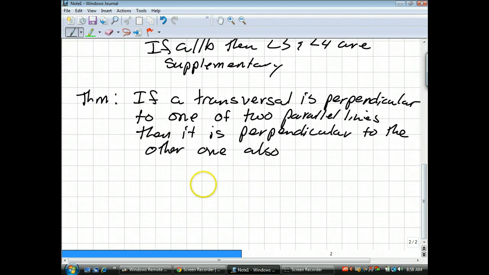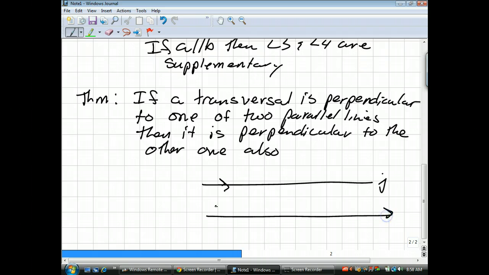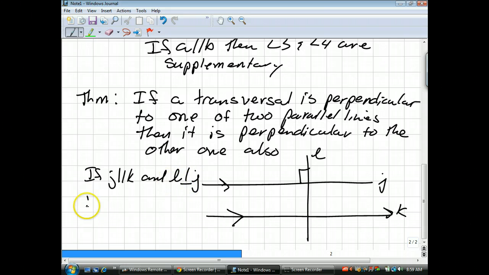Okay, so here we have line J, and it's parallel to line K. Okay, and we have line L that's perpendicular to line J. Then L must also be perpendicular to K. So it says if J is parallel to K and L is perpendicular to J, then L must be perpendicular to K also, right?